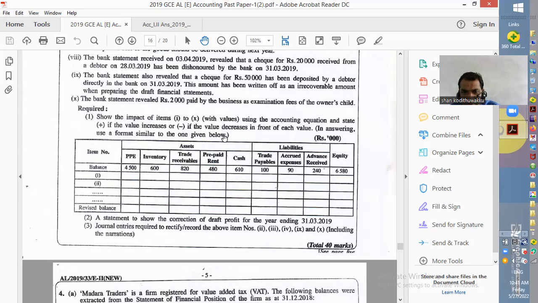As they used 2,000, under cash minus 2,000, because cash will come down because of these drawings. And also because of drawings, equity will come down by another 2,000. Then under equity minus 2. Right. That is how you can adjust the given adjustments from 1 to 10 under the given format in the paper itself.